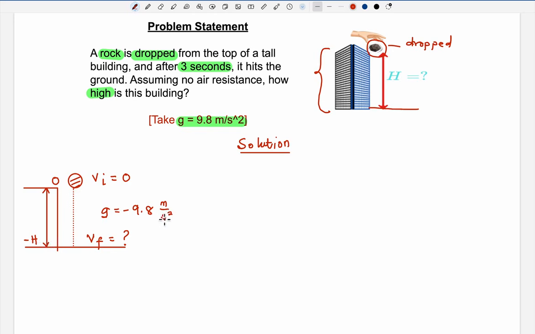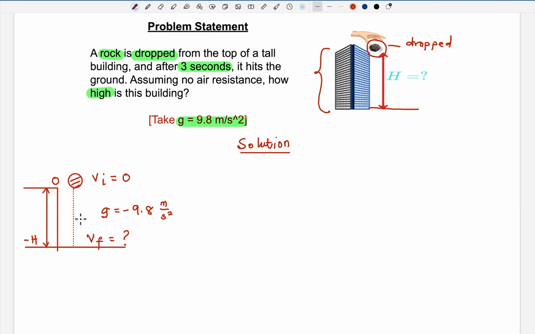Now this is the problem setup, and we can take some information from this setup that can help us to determine which kinematic equation of motion to use to solve this problem. Remember, a rock is dropped, giving it an initial speed of 0 because it is just dropped. It wasn't tossed, it was just dropped.